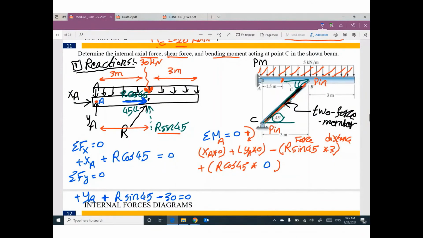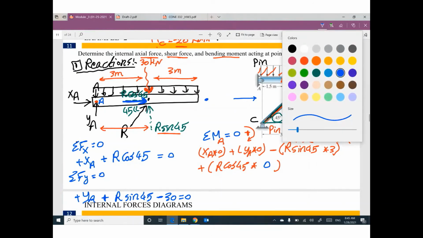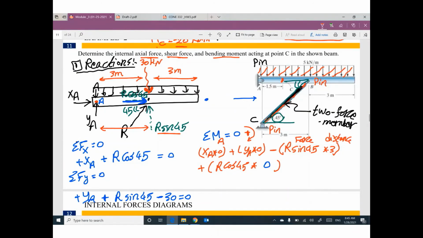You said this one is a horizontal force, and we are looking for vertical distance, because if you would like to multiply force by distance, both of them must be perpendicular. So what is the distance perpendicular to this force, which is the vertical distance between this point and this point? We don't have vertical distance between this point and this point.